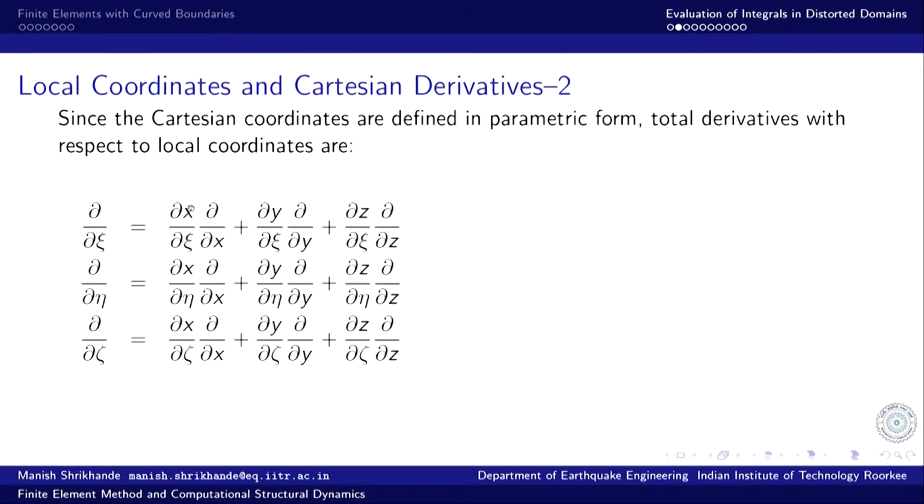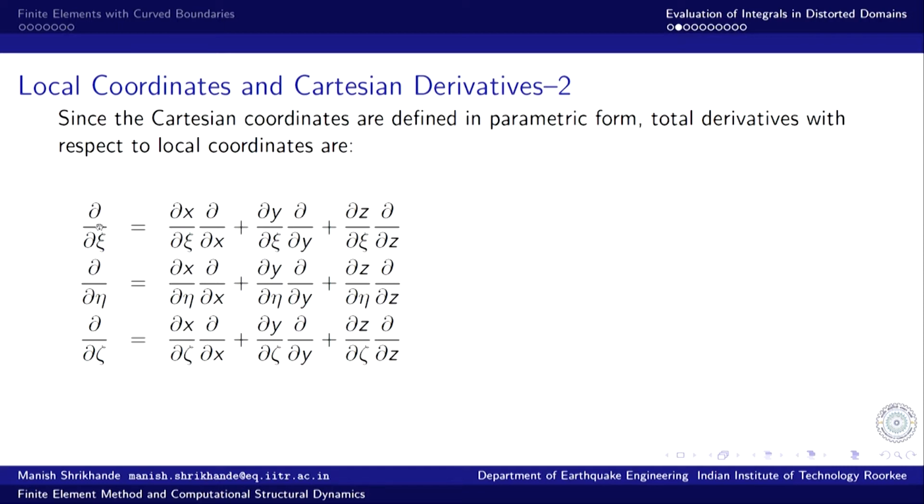Because in this, what is done is we know x as a function of xi, eta and zeta, we know y as a function of xi, eta and zeta, we know z as a function of xi, eta and zeta. So, these partial derivatives are readily calculated, is it not? And then everything is defined in terms of xi, eta and zeta. So, these derivatives can also be calculated.